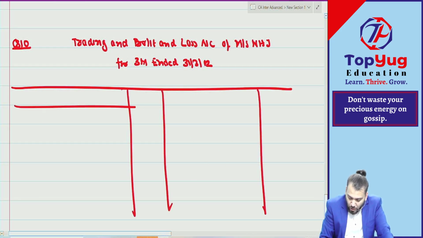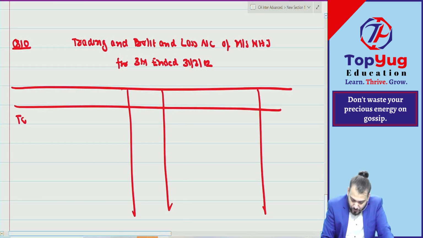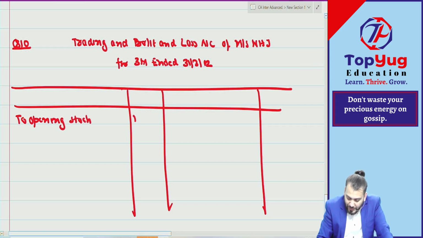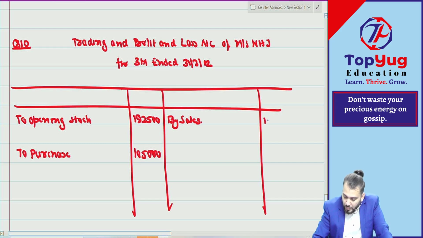So what is the opening stock? Opening stock will be given in the balance sheet only: 1,92,500. To purchases how much? 1,05,000. By sales how much? 1,57,500. By closing stock how much?